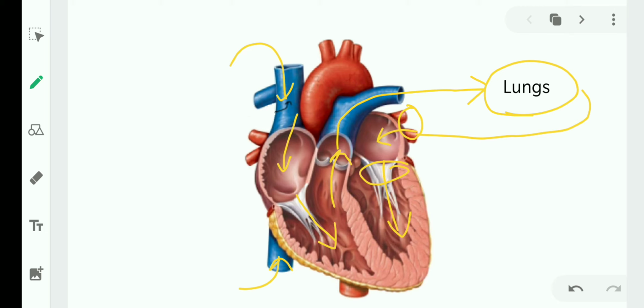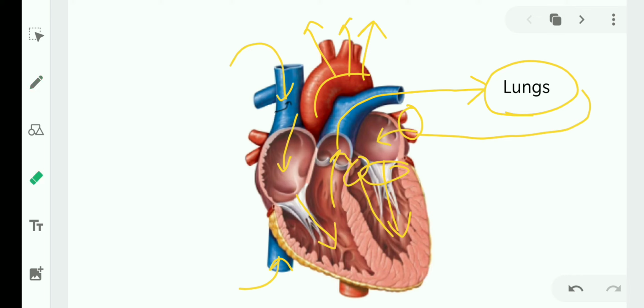Then when blood fills up the left ventricle to a certain limit, the left ventricle contracts and these semilunar valves open, and the blood via the aorta reaches the whole body.